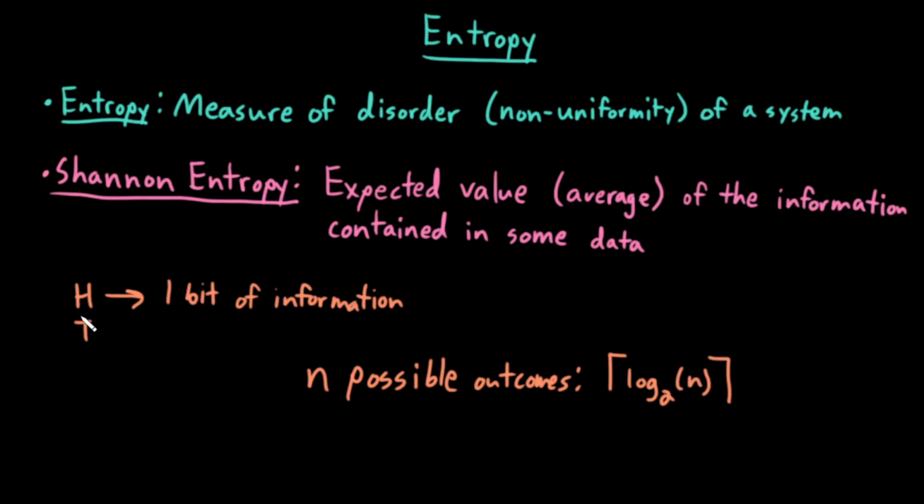So when there were 2 possible outcomes, I got log base 2 of 2, which is 1 bit of information. This is bits of information. When I had a biased coin that only had 1 possible outcome, log base 2 of 1 is 0. That gave me 0 bits of information.